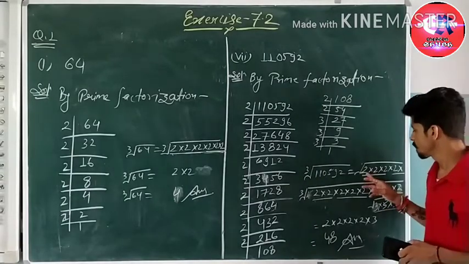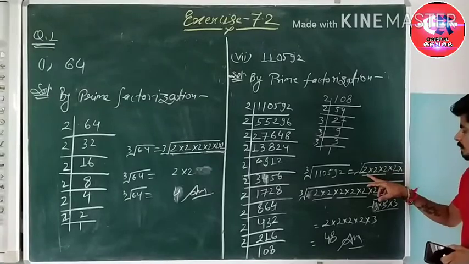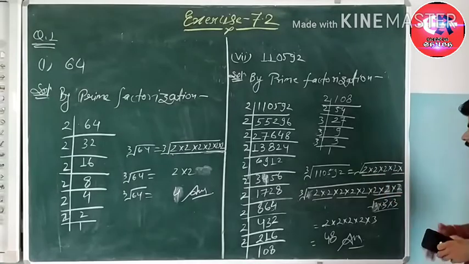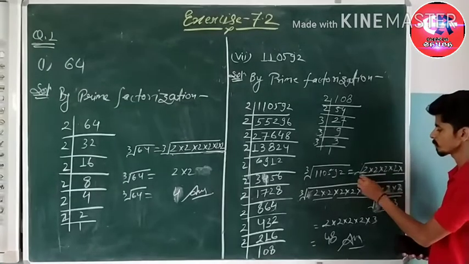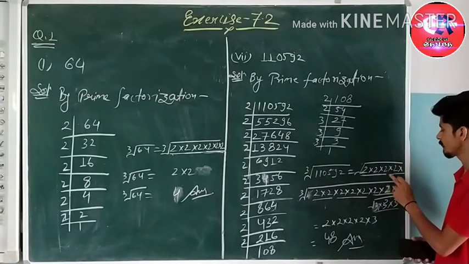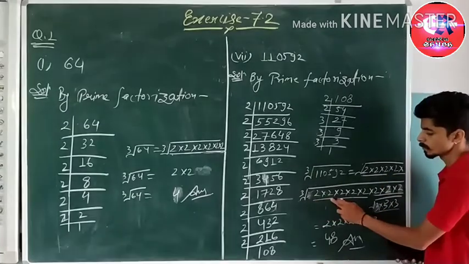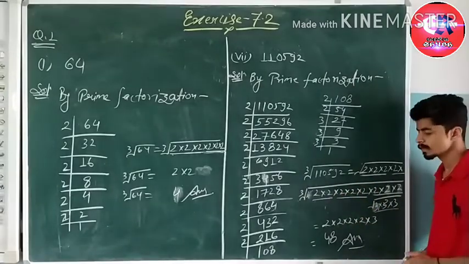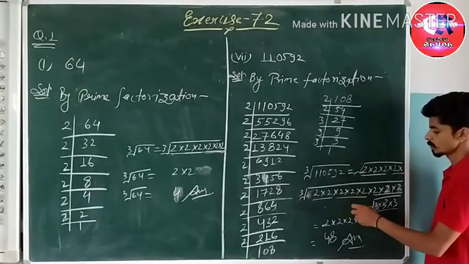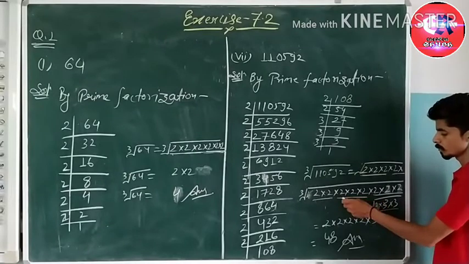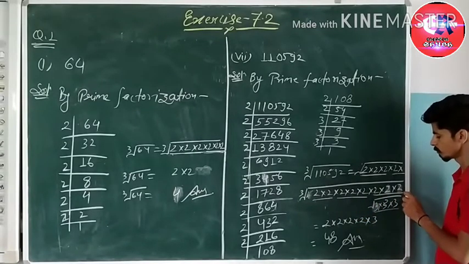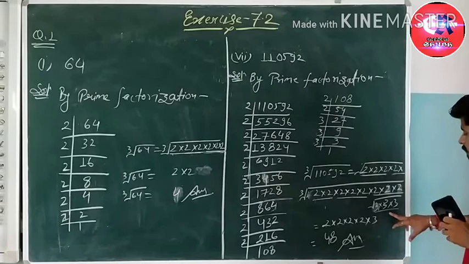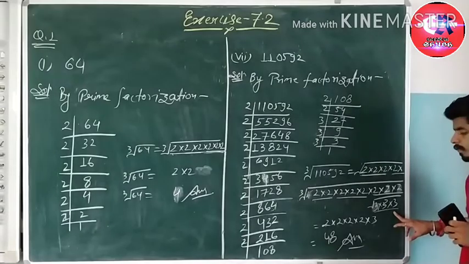So here we have written all the factors, which are 2 and 3, and we are going to make groups. Here 3 times 2 will make one group, then the second group, the third group of 2, 2, 2, and here the fourth group. For 3 we get only one group.